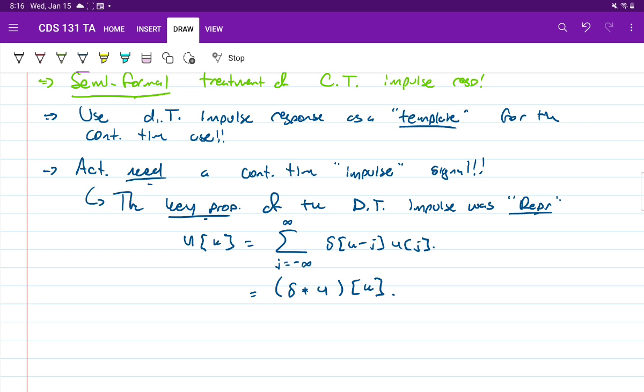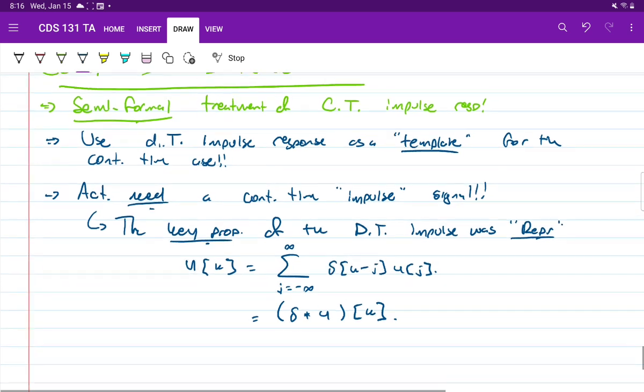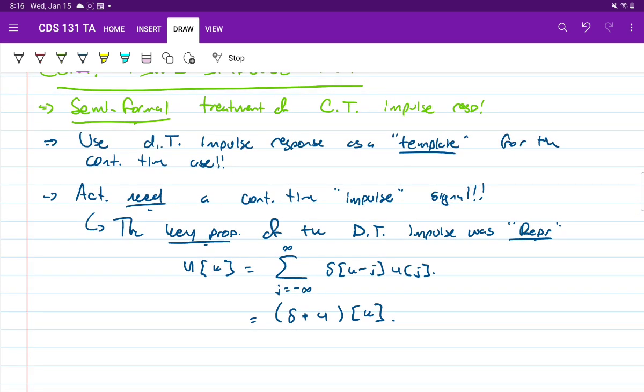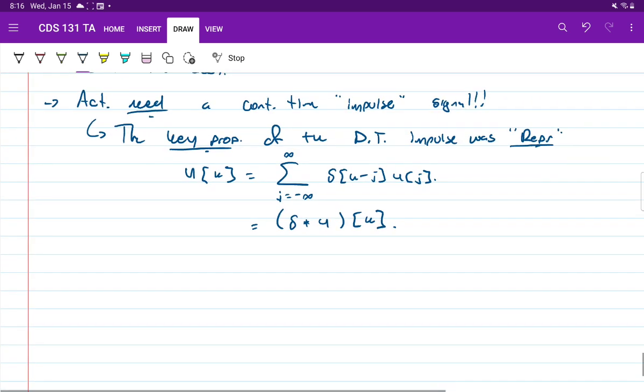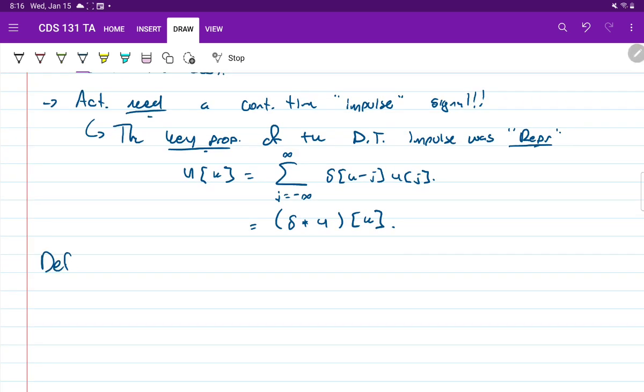In other words, we'd like to find a continuous time signal and a continuous time notion of convolution that give us these same properties. If we have those, then we'll be on track for mirroring this discrete time case. So in order to define this continuous time delta, what I'll first need to do is define a continuous time notion of convolution. Let me go ahead and do that. So, definition.